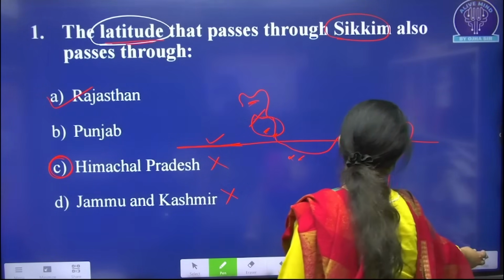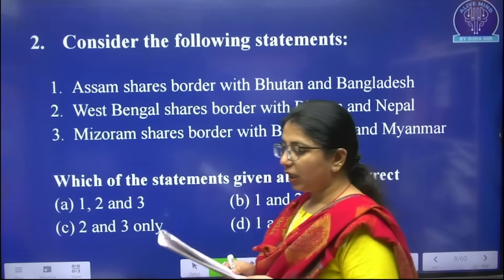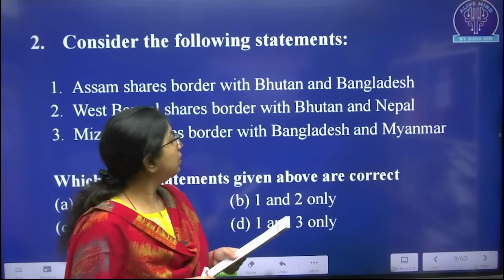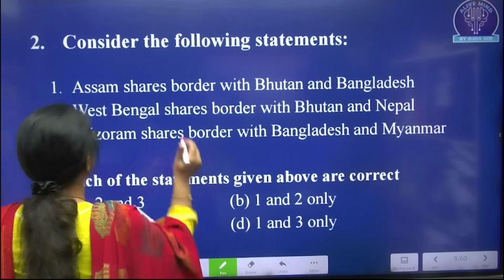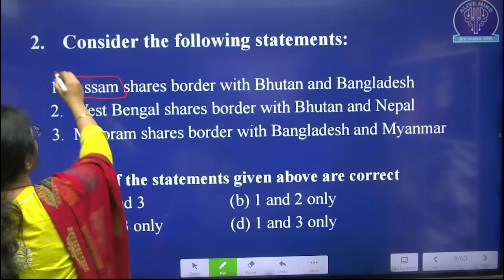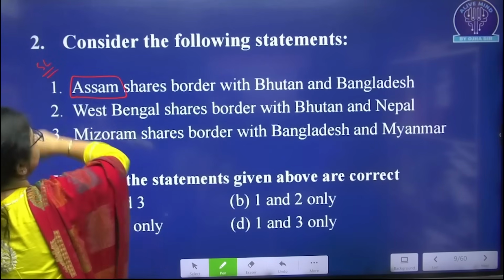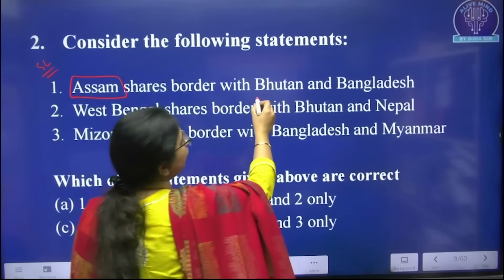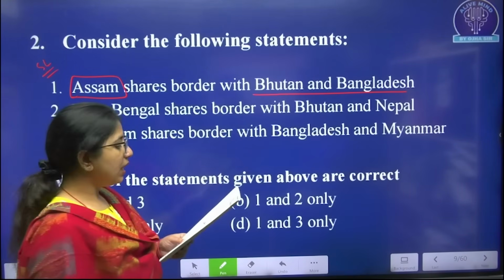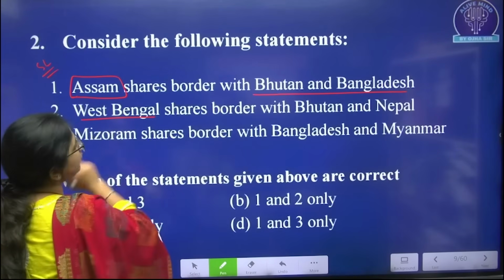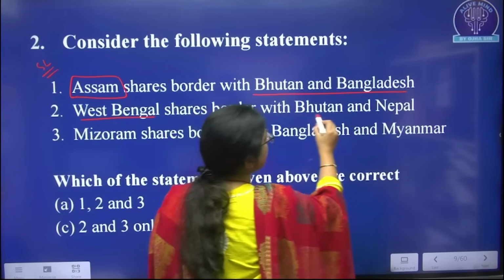Then, let's come to question number 2. Consider the following statements. Assam shares border with Bhutan and Bangladesh. These types of questions are important for state level. Second, West Bengal shares border with Bhutan and Nepal.